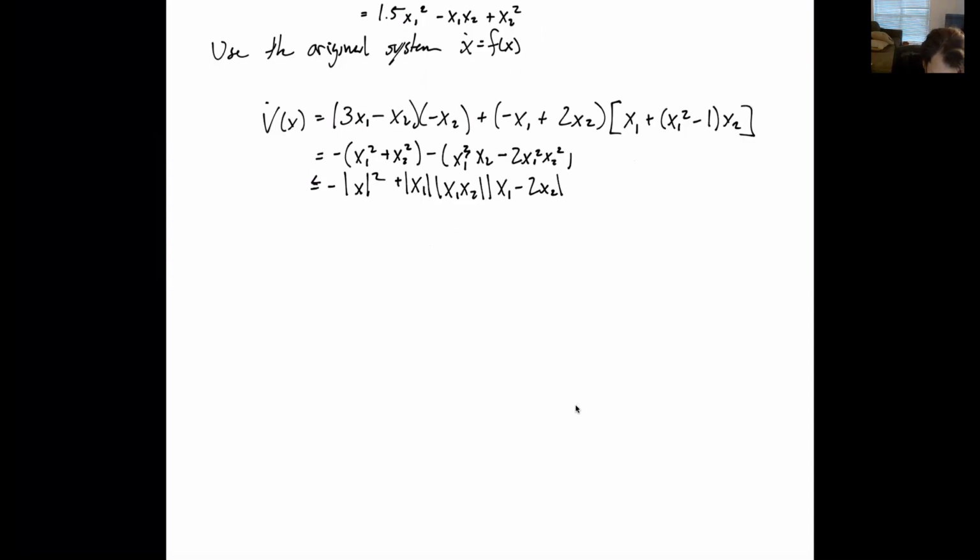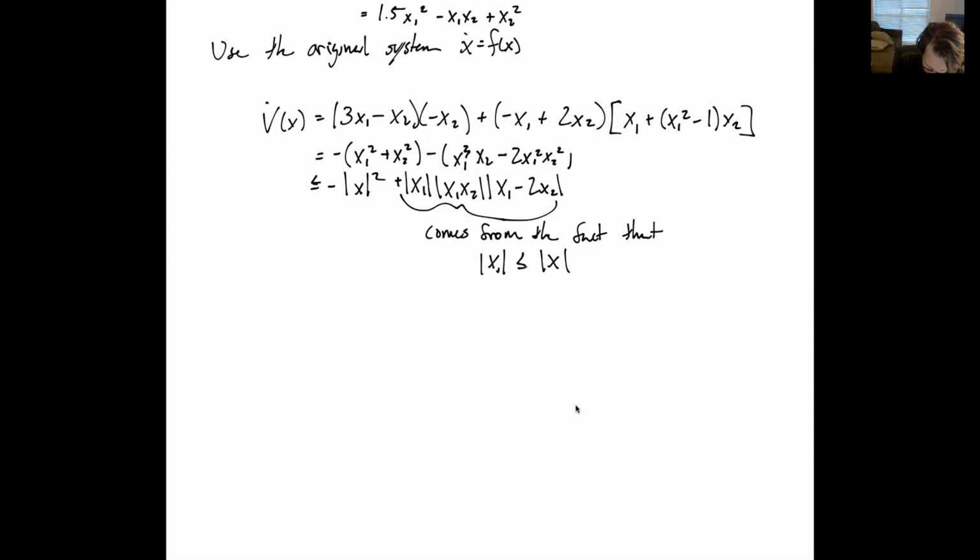And so this step right here comes from the fact that the norm of x1 is going to be less than or equal to the norm of x.